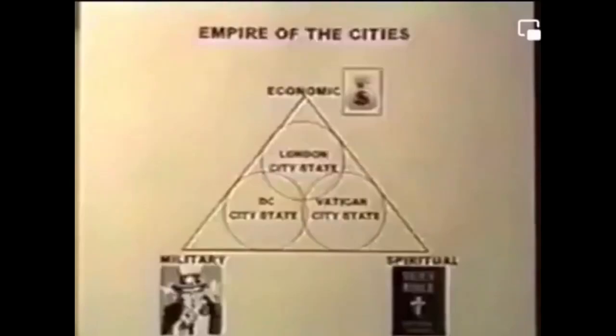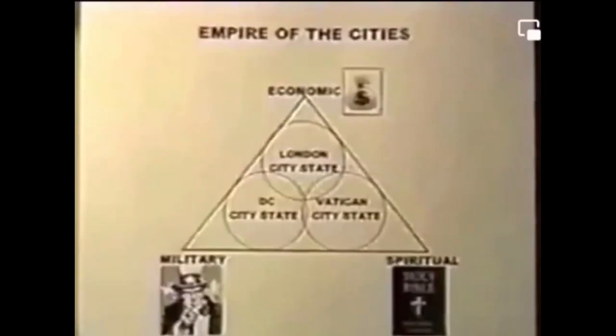The flag of Washington's District of Columbia has 3 red stars, one for each city-state in the 3-city empire. This corporate empire of 3 city-states controls the world economically through London's inner city, militarily through the District of Columbia, and spiritually through the Vatican.